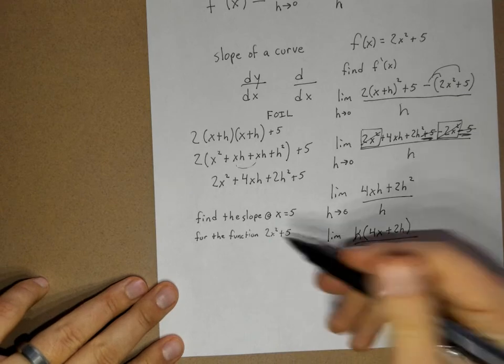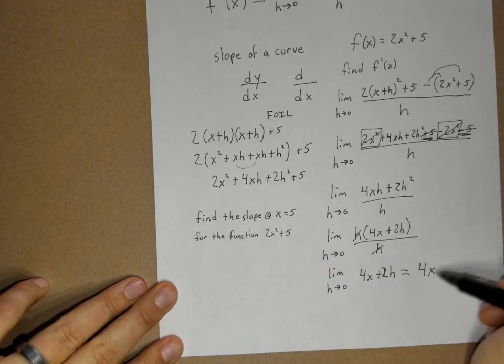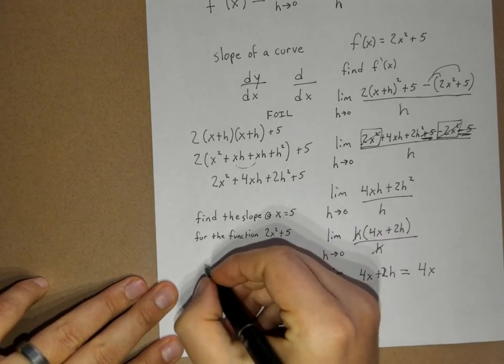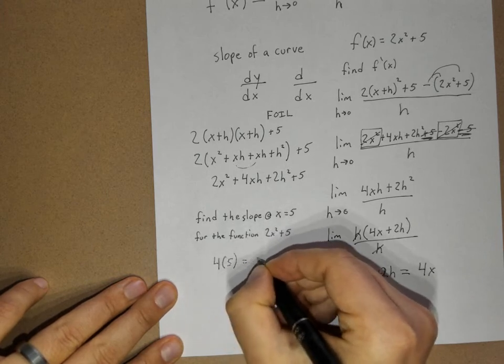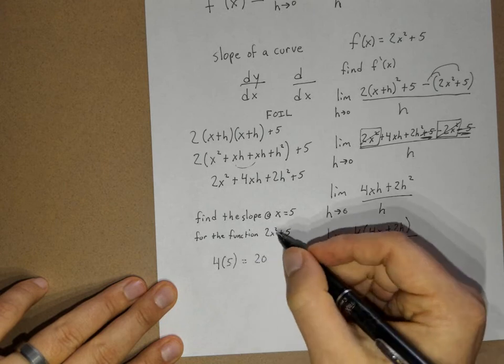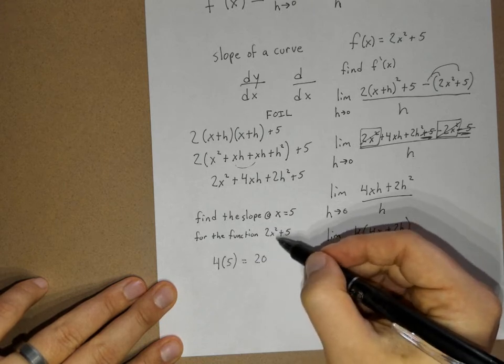I can use my derivative and substitute in a 5. So 4 times 5 gives me 20, and I know that's going to be the slope of the curve at that point.